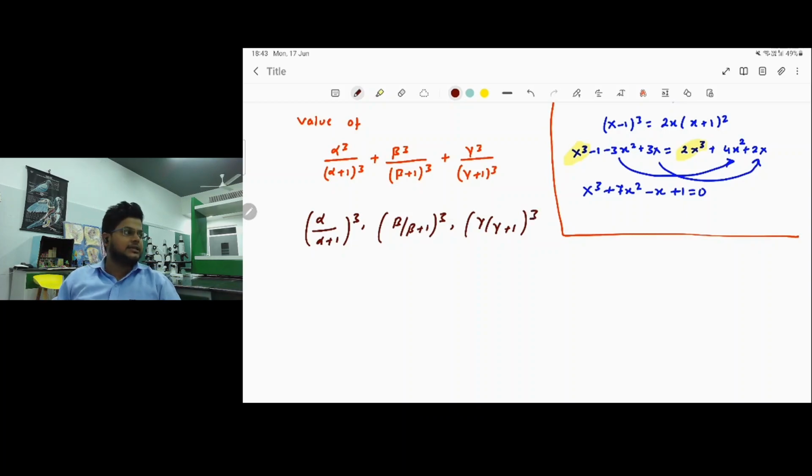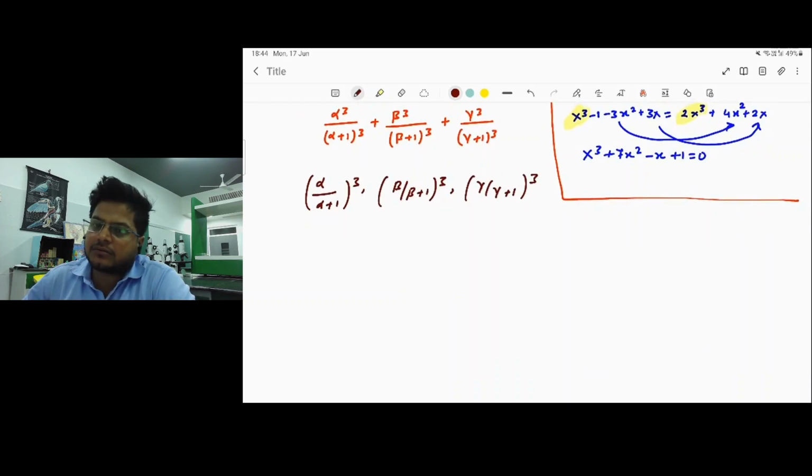And then somebody is asking me what is the sum of the roots. So can't we generate a cubic equation? Can't we do the transformation in such a way that the roots become alpha by alpha plus 1 whole cube?